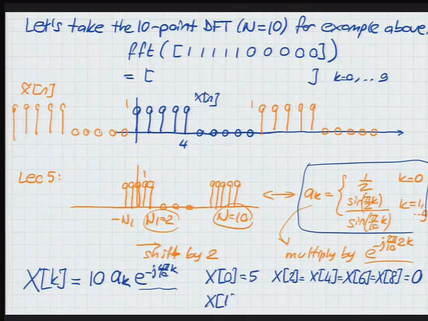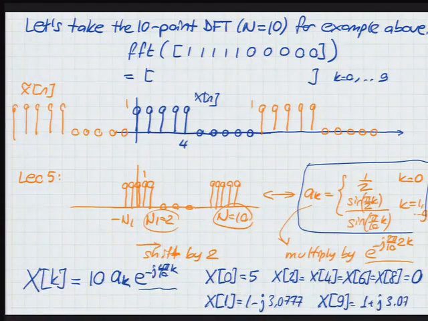X of 1 is 1 minus j 3.077, a bunch of 7s. And then x of 9, I'll need this later, so that's why I'm writing it. It is 1 plus j, the same number.